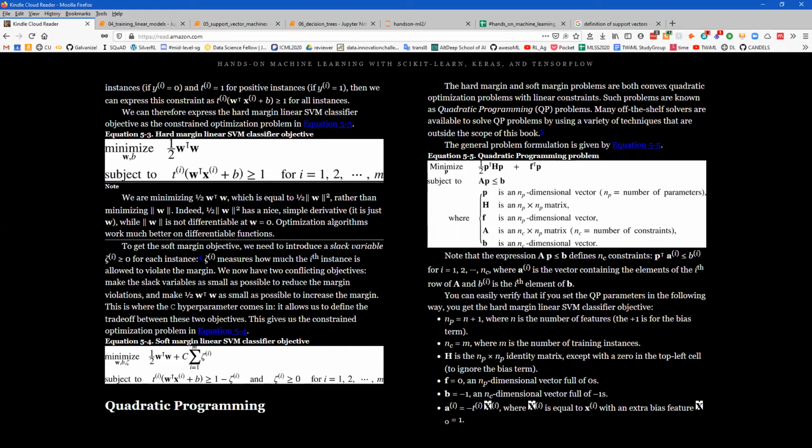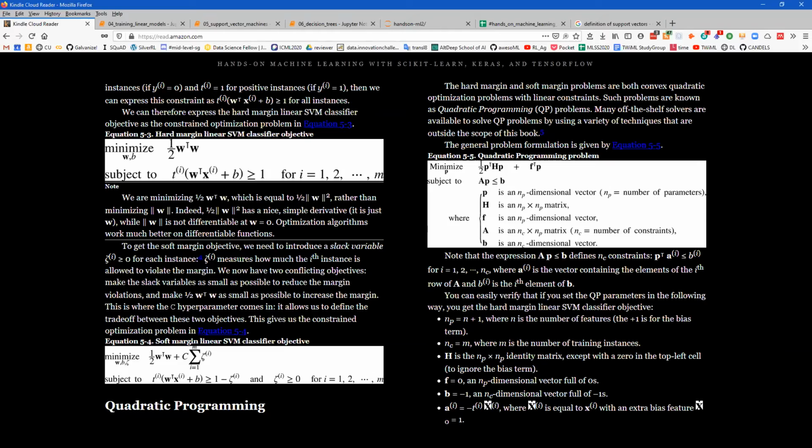So it says right here, we now have two conflicting objectives. Make the slack variables as small as possible to reduce the margin violations, and make half of W transpose W as small as possible to increase the margin. So basically what he's saying is that when you have a small half of W transpose times W, that actually increases the margin.